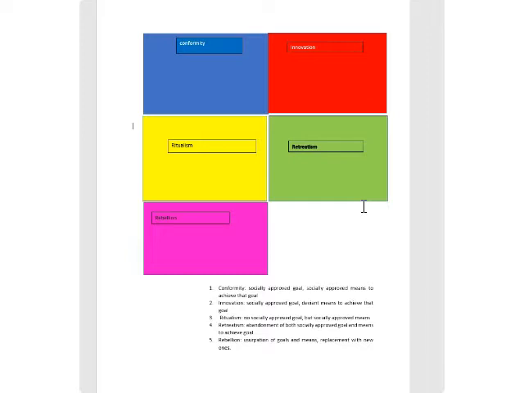Now, if we move down to the square, ritualism, this was the closest that Merton gets to an explanation of alienation. It is when we are going through the motions. We are not deviant.